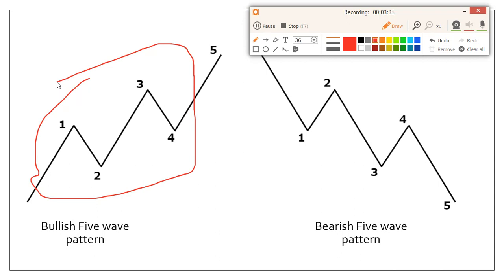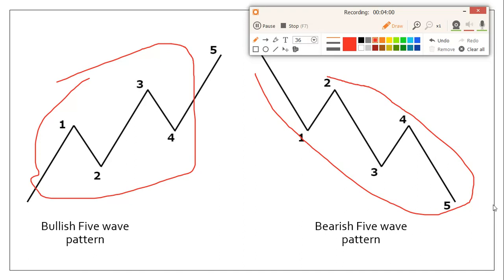If price at that time was moving upwards at a particular degree or time frame, Elliott saw the market moving within this specific structure, which is 1, 2, 3, 4, 5. And if the market was going down, Elliott perceived the market moving in this bearish structure or pattern, which is 1, 2, 3, 4, 5.